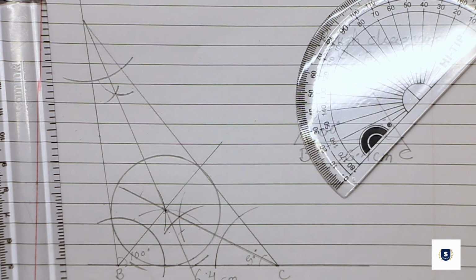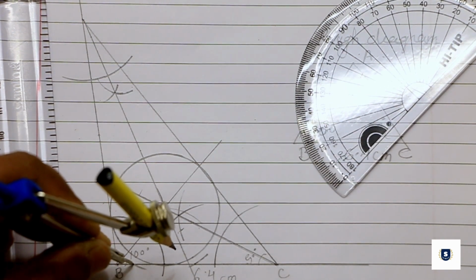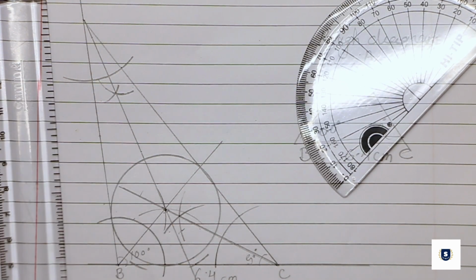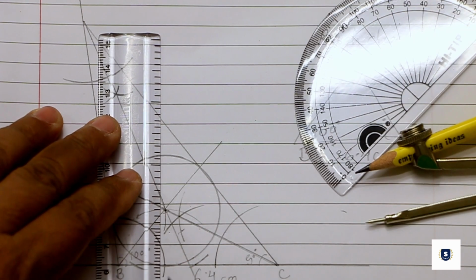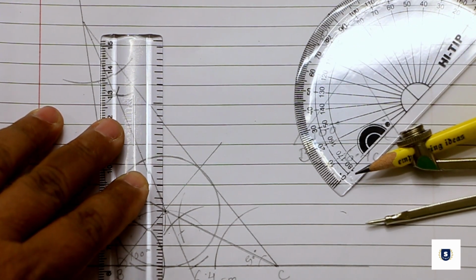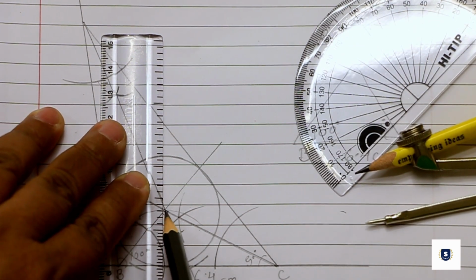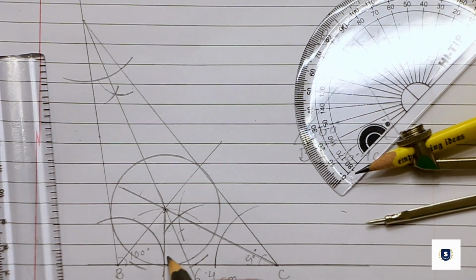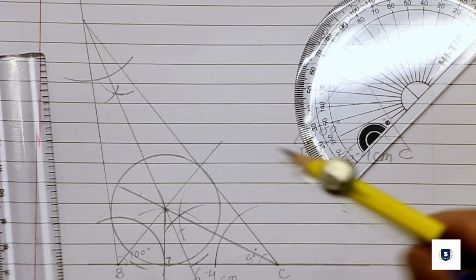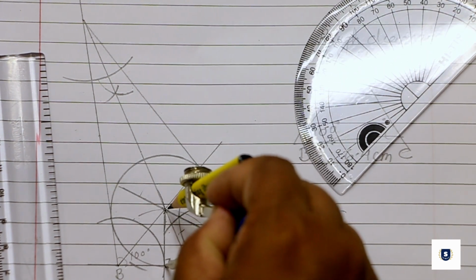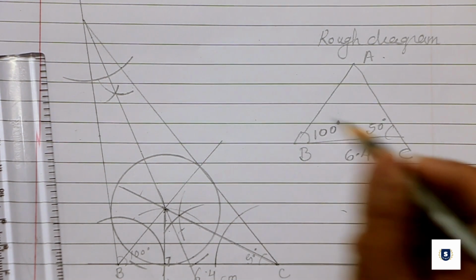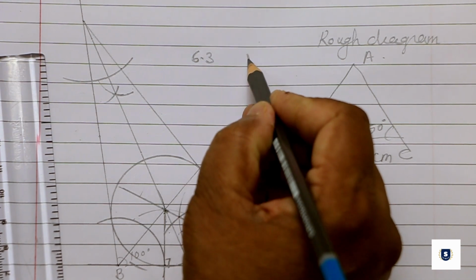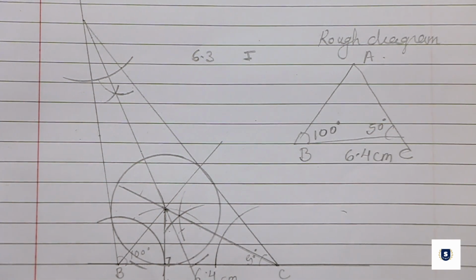Give an arc here and give an arc here. Join this point and this point. This is your perpendicular line and this is your radius. Okay. So we are done with the practice set 6.3 first sum. Let us move to the next sum.